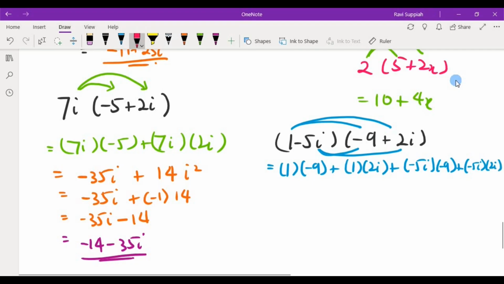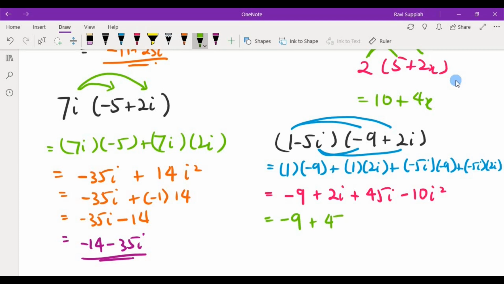Okay, so what I have next is 1 times minus 9 is minus 9 plus 2i plus negative 5 times negative 9 is 45i, negative 10i squared. Okay, then we're going to group them up. So negative 9 plus 47i, i squared is minus 1, so negative 1 into 10.